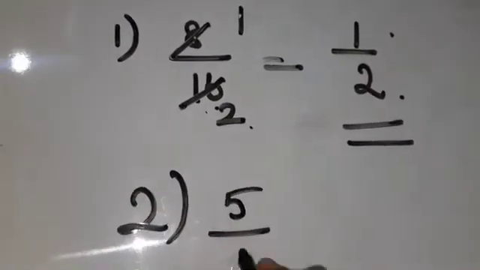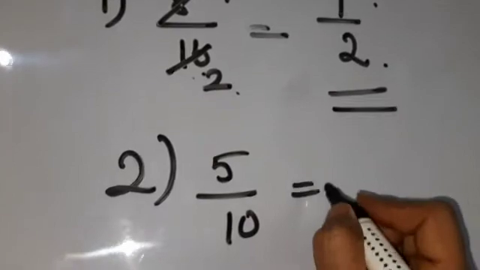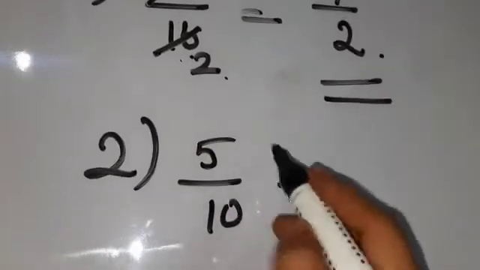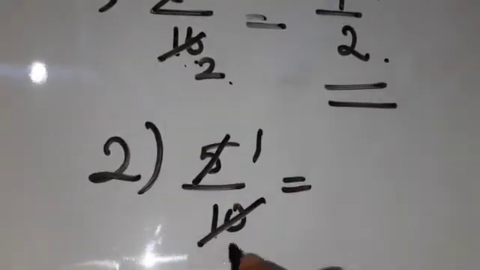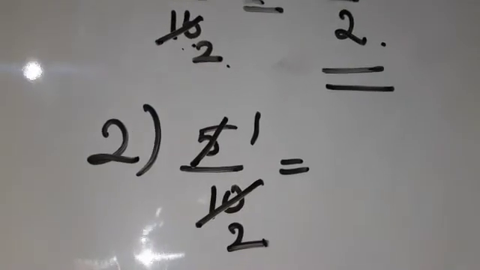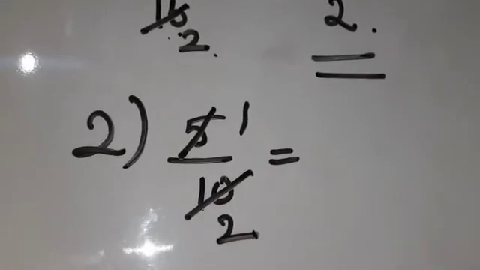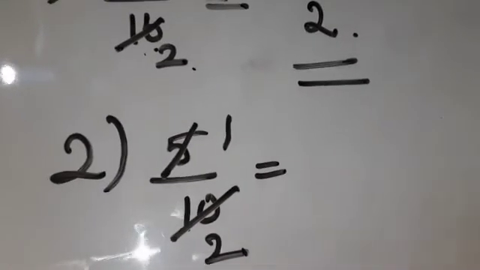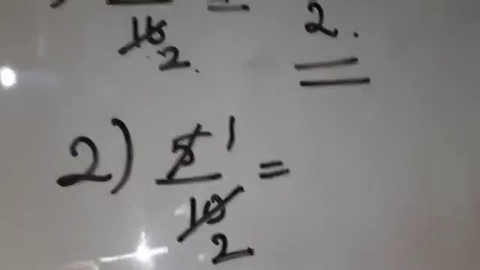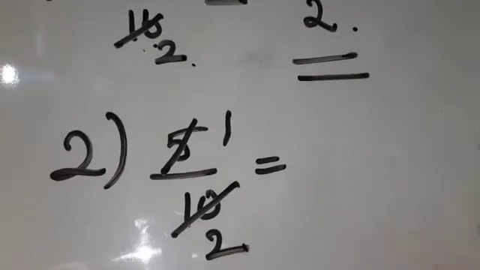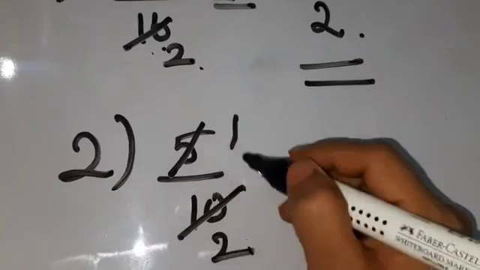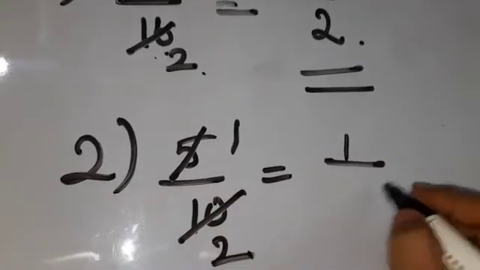5 by 10. So this is also same method. See here, 5 ones are 5, 5 twos are 10. If you are thorough with tables, then the simplification method will be very easy for you in calculating the problems. So 5 ones are 5, 5 twos are 10.